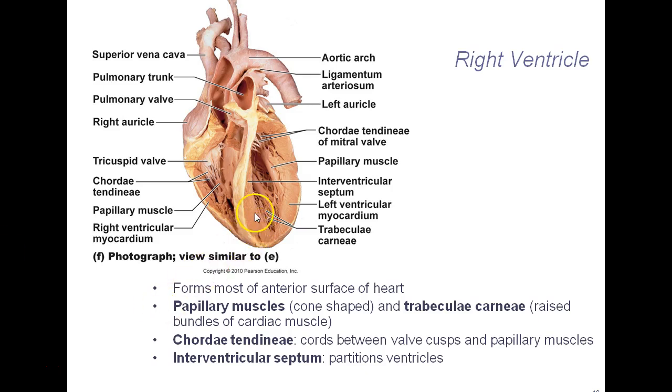In this diagram, we see a septum that divides the left and right ventricles. And also there's a pulmonary semilunar valve. This pulmonary semilunar valve controls blood flow that runs up to the pulmonary circuit.